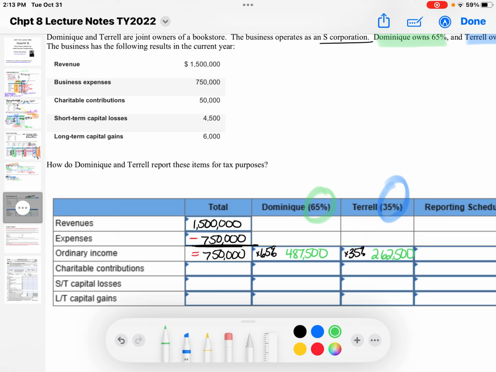Now in this case, I didn't have any dollars, so I'm looking at the amounts added together that equals $750,000. But in case I had to round the dollars, I would want to make sure I don't round too much or too little. So make sure that I've got the right amount. Whenever we have an issue with rounding to the dollar, the adjustment always goes to the largest number. So for example, if this one came out and it was $1 and this one came out and it was $1, to adjust it to make it right, I would actually adjust Dominique's.